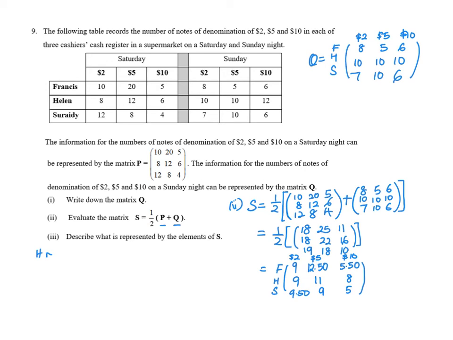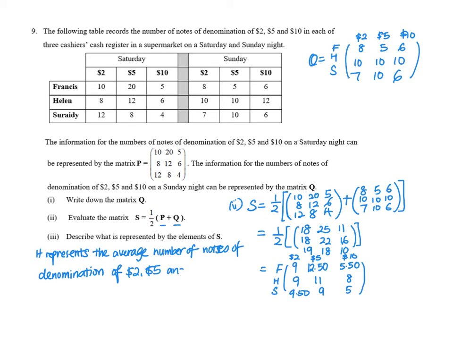It represents the average number of notes of the denomination of $2, $5, and $10 for Francis, Helen, and Suraidi on Saturday and Sunday night. On Saturday and Sunday, respectively.